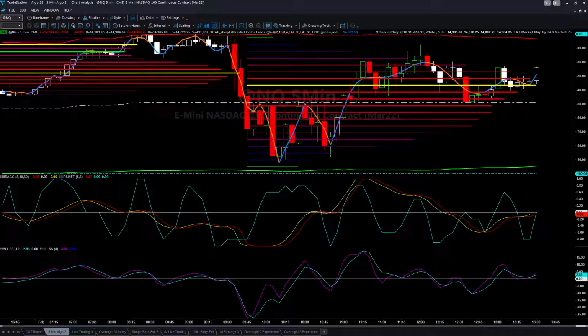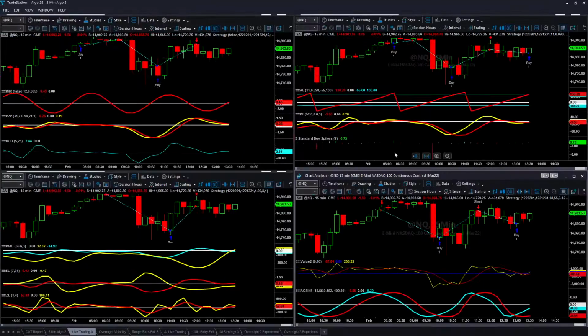All right, I'm going to switch the screen, see if we have any signals to get out of this. So if any of you guys are following any one of these strategies, you'll see if there's a signal, there most likely will be a signal right here.